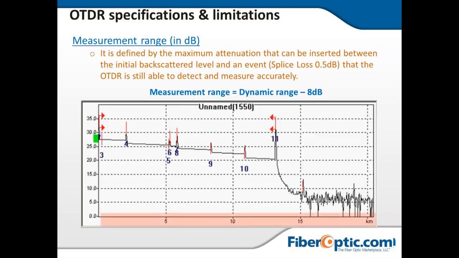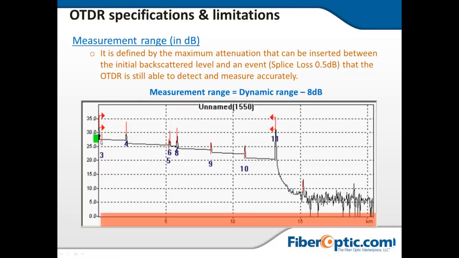The difference between the dynamic range and our measurement range is the area where we see the noise come in. It starts to get noisy over here at around 8 dB. Anything beyond that, we're really not getting an accurate, clear measurement of what the event looks like, because the noise is masking a lot of that.